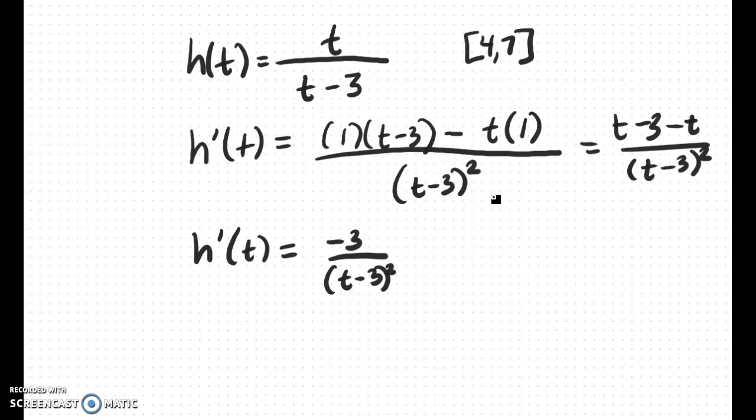Now, where is this first derivative undefined? It would be undefined where the denominator is equal to 0. So if I set the denominator equal to 0 and solve for t, this would be undefined at t equal to 3.